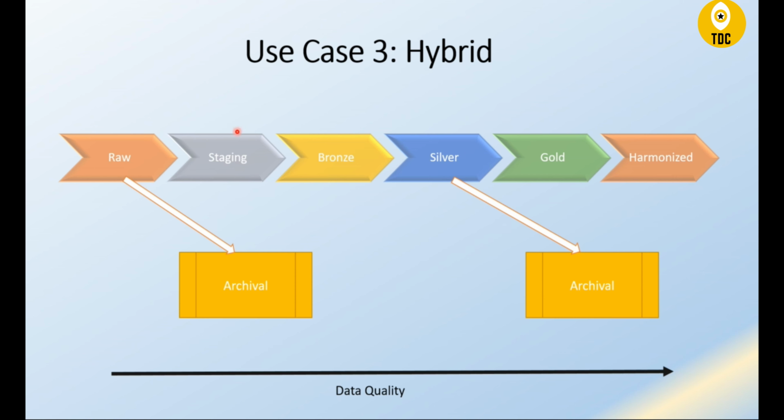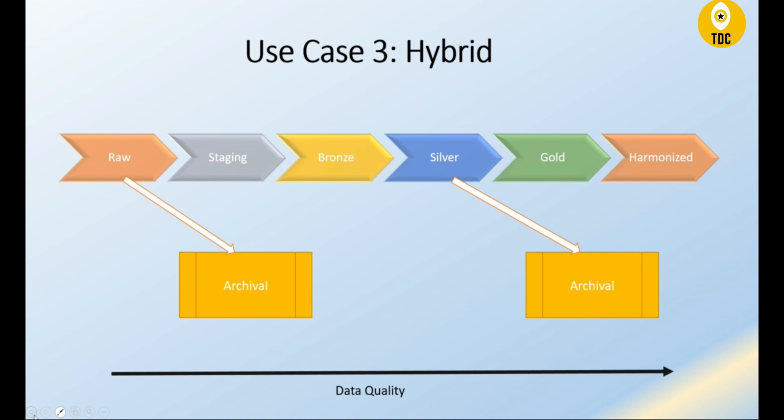And finally, use case three is hybrid, where people can use all the combinations of data layers. If they have very complex projects, they might use this kind of scenario where they are using raw layer, staging, bronze, silver, gold, harmonized, and even archival.